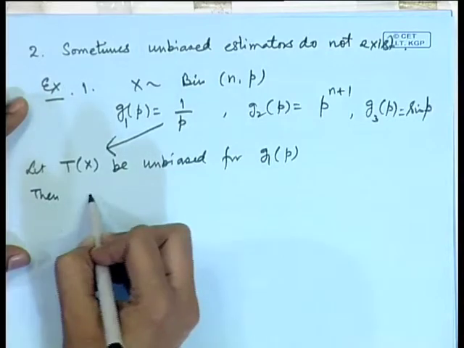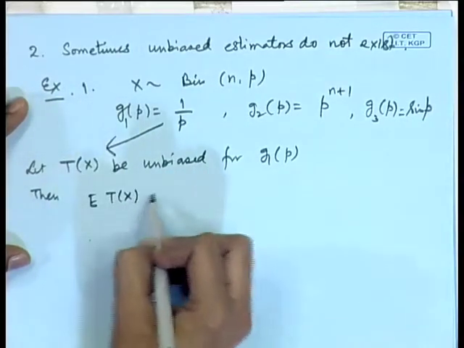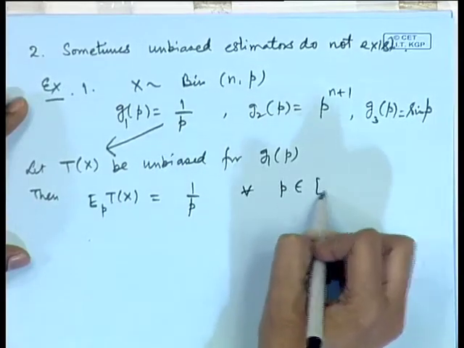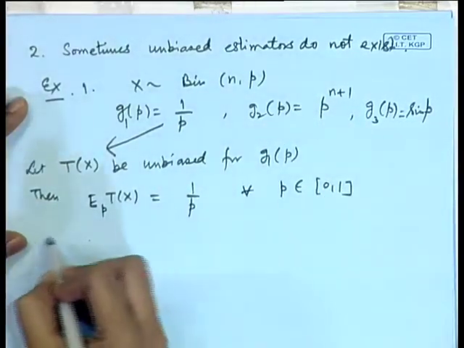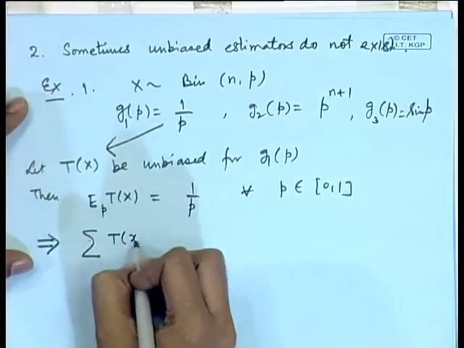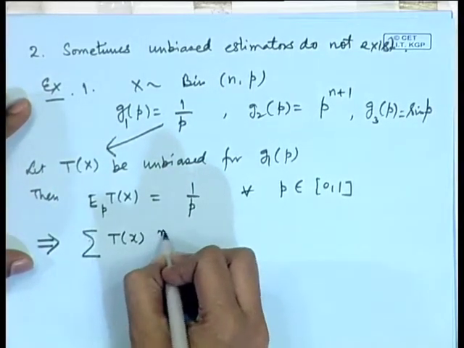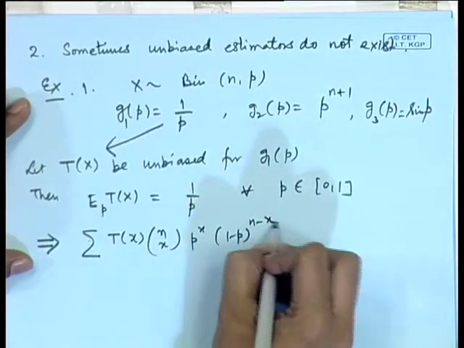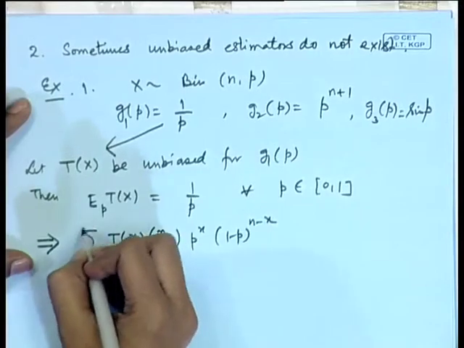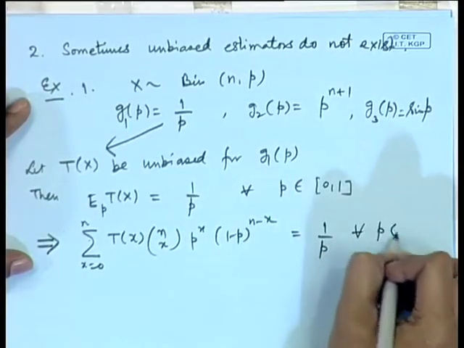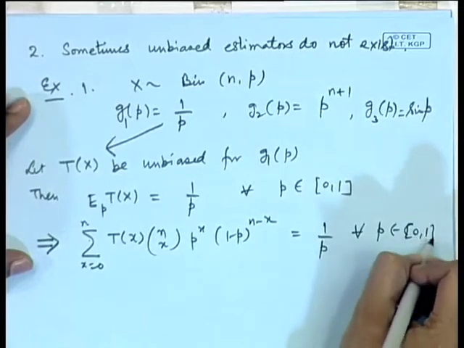Then the expectation of T(X) must be equal to 1/p for all p in the interval 0 to 1. Now, you see this left hand side term is equivalent to sum of T(x) n choose x p to the power x (1 minus p) to the power n minus x, equal to 1/p for all p in the interval 0 to 1.